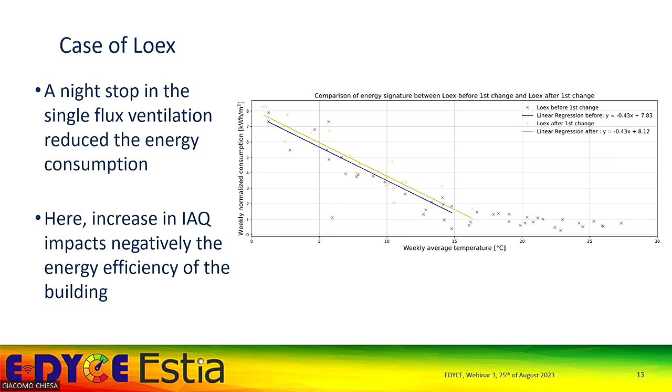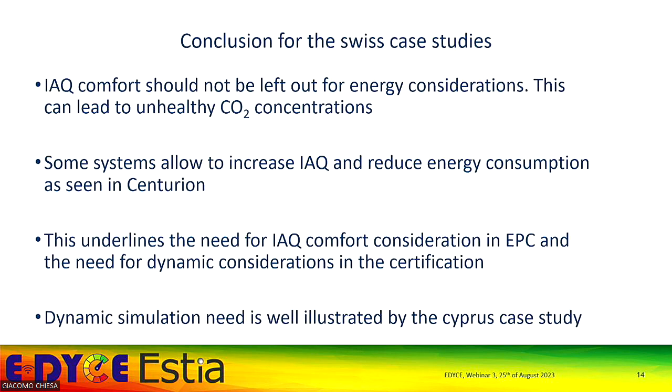So to conclude a little bit on the case studies, on the Swiss case studies, I would say that the indoor air quality comfort should not be left out of the energy considerations. We saw in Loire that it can be unhealthy for the tenants themselves. And we saw also on Centurion that there are some systems that allow you both to increase the indoor air quality and to reduce the energy consumption, this modular ventilation that we talked about.